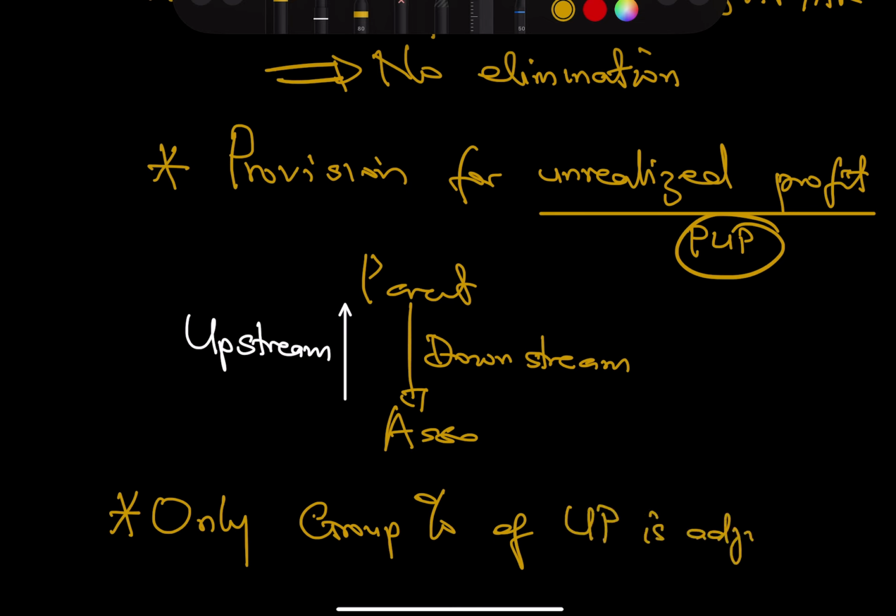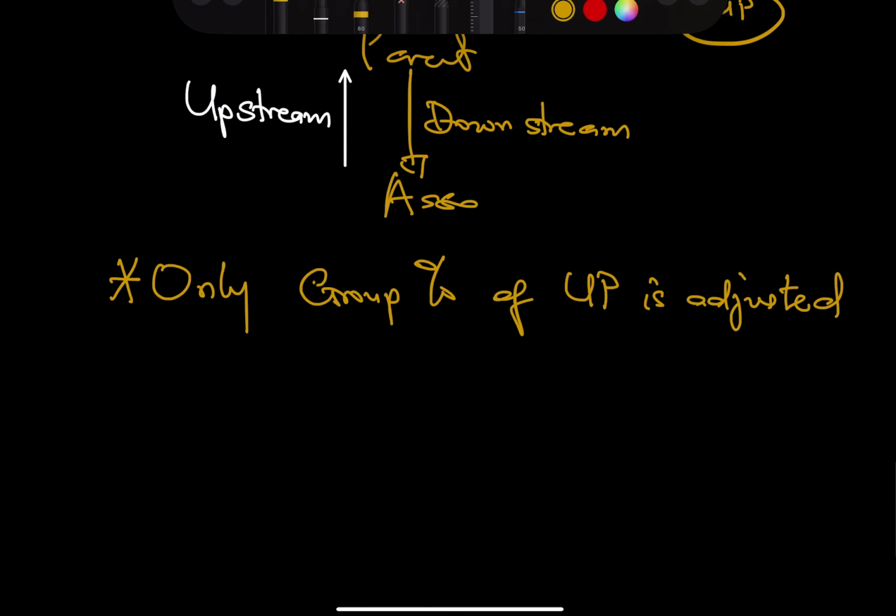Please remember, this is different from subsidiary. In subsidiary, we always eliminate 100% of unrealized profit because consolidation is also done 100%. But here there is no consolidation, so we're only going to take the group portion of that unrealized profit. So if the investment in associate is 25%, we only take 25% of unrealized profit for adjustment. So please take note.